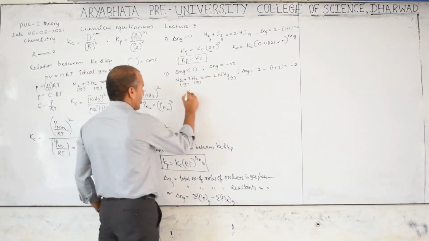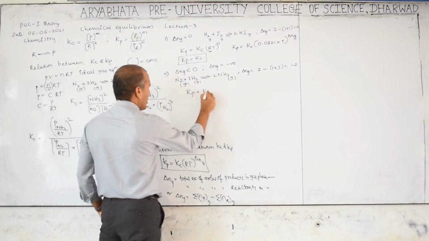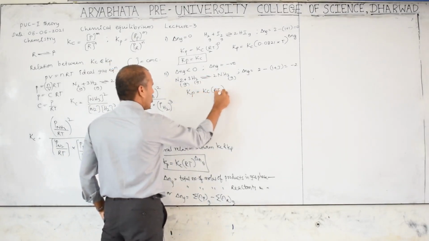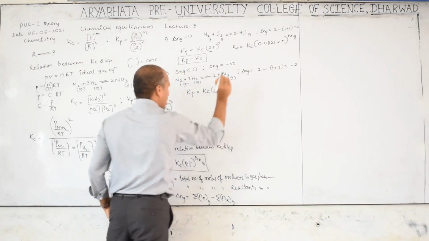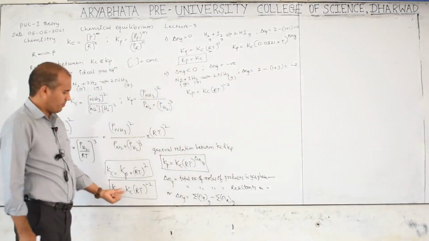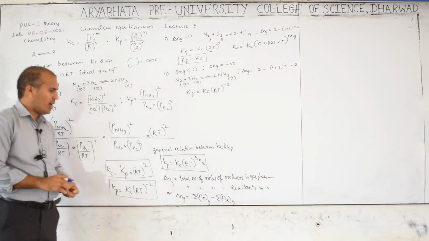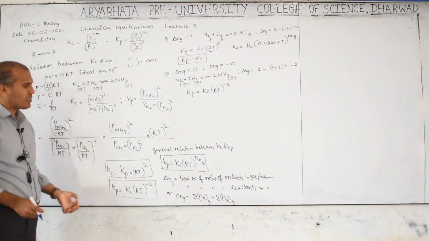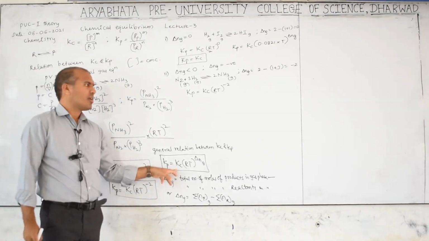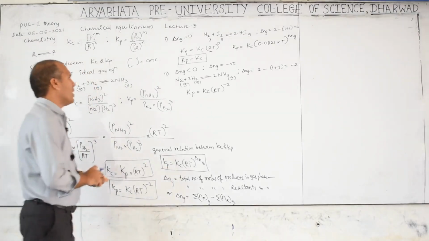Now put in this formula Kp is equal to Kc (RT) whole power delta Ng, which is minus 2. Already I proved this here. You can always do it this way, but it is a time-taking process, that's why you can use this general form.